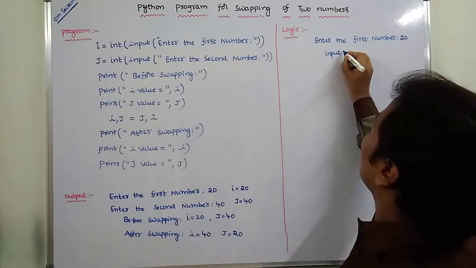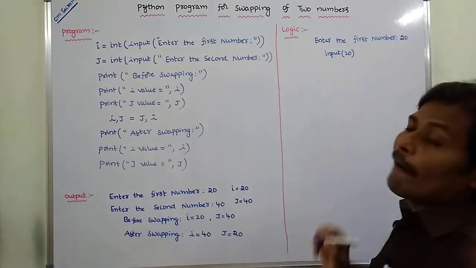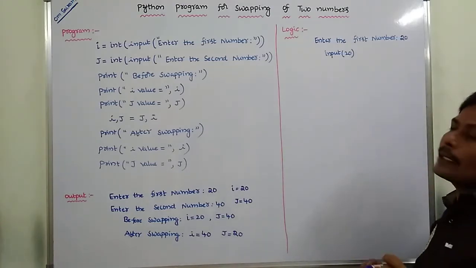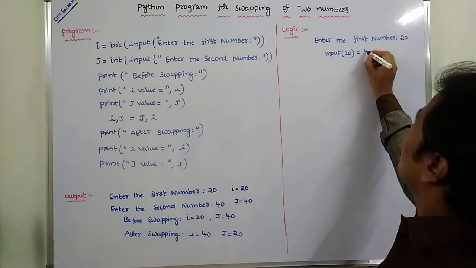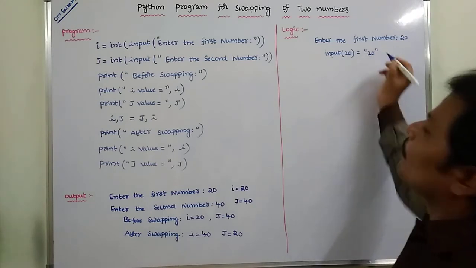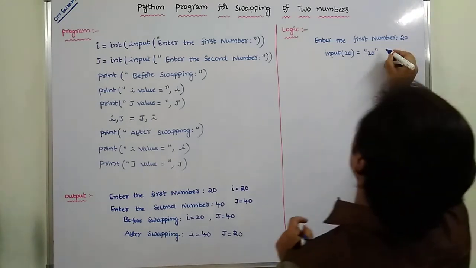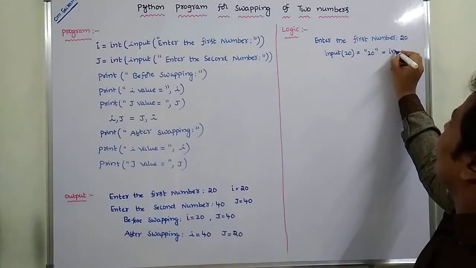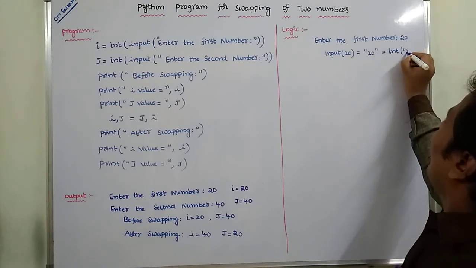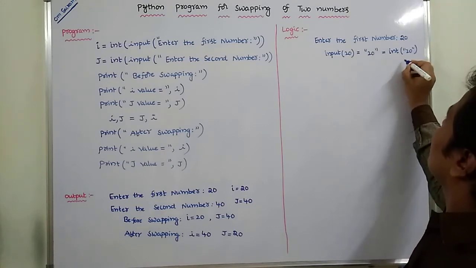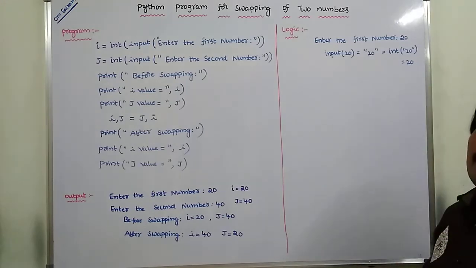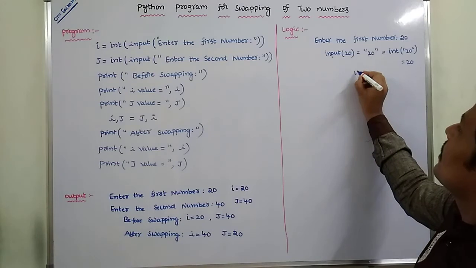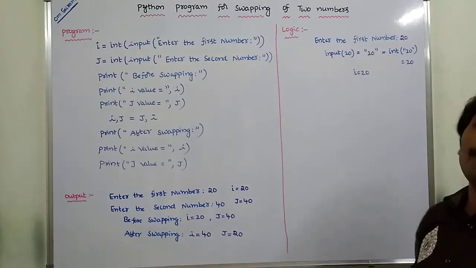The input function is used for reading the value from the keyboard entered by the user and returns the string value 20. Now this string value 20 is taken by the typecasting int function and it returns the integer 20. This 20 is assigned to the variable I. So now I is equal to 20.